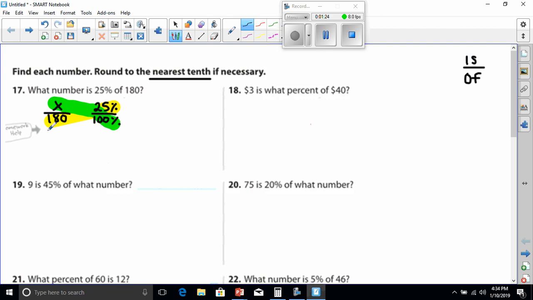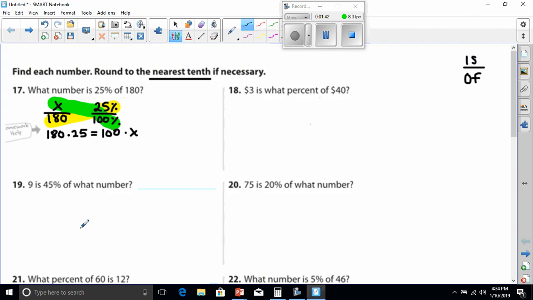That's going to give me 180 times 25, and that has to equal 100 times x.